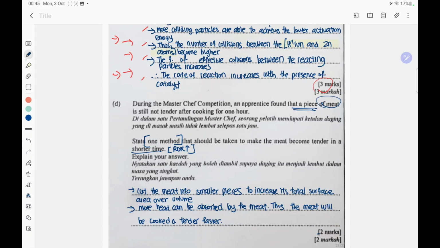So you have your 1 point and the second point. This one can be considered as 1 point itself also. So it's important that you write all the points, because you never know if your answer is in the scheme or not, to give you the points.